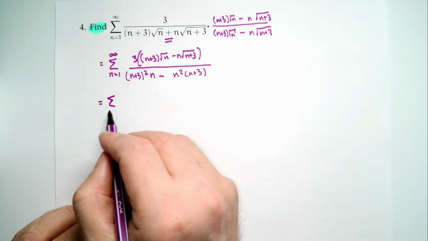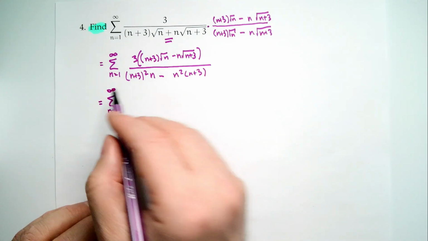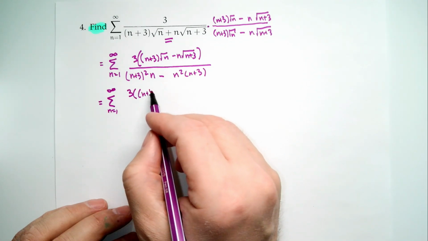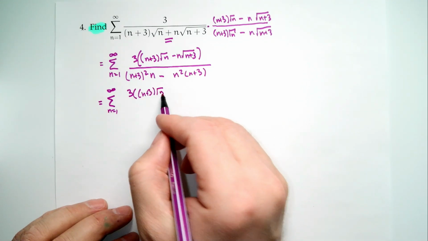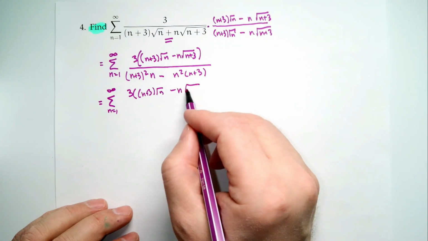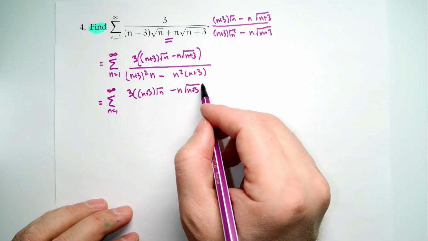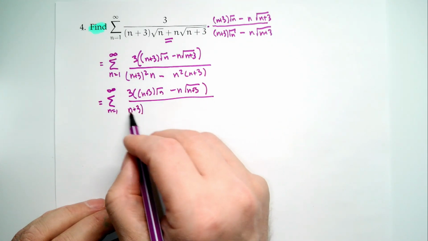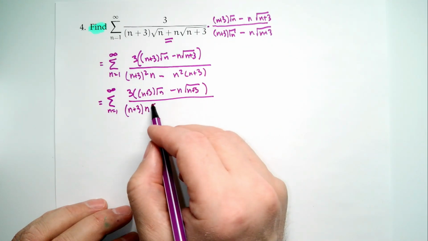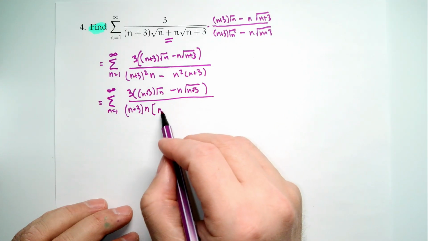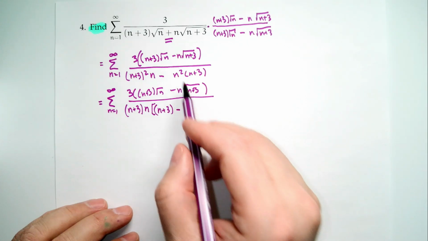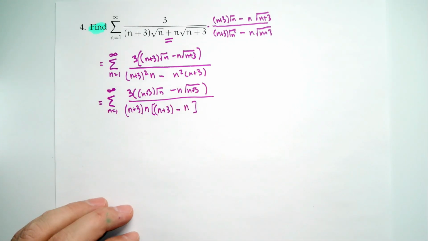So that's summation, n equals 1 to infinity, 3 times n plus 3 times square root of n minus n square root of n plus 3. And downstairs you have an n plus 3 times n, because that's common, and then you're left with n plus 3 from the first term and minus n from the second term.